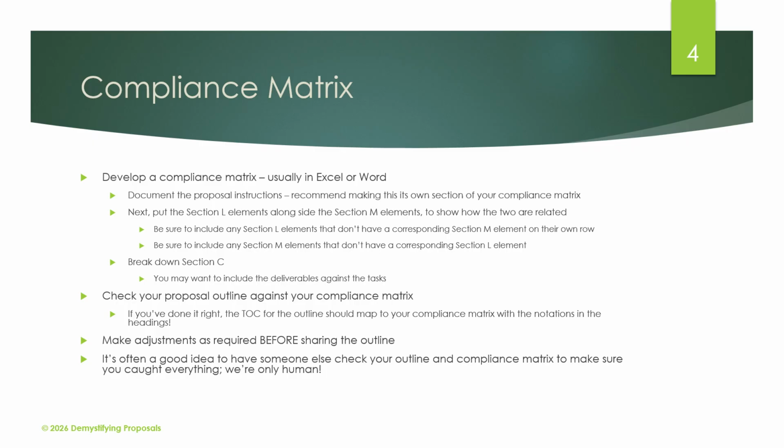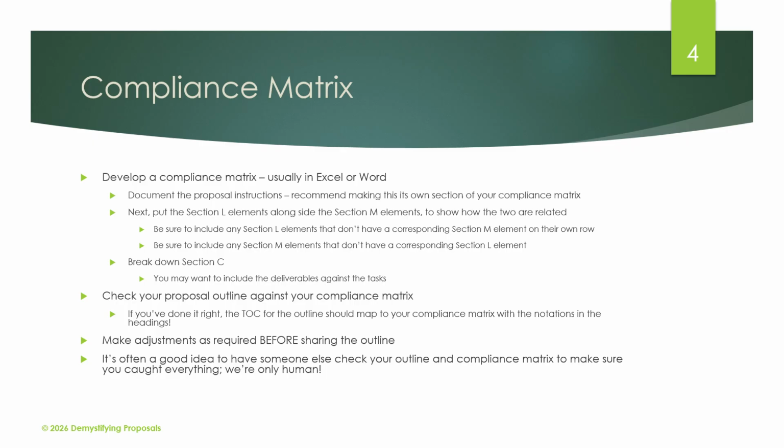So if you do that, when you make your table of contents in your outline, it should line up really nicely with your compliance matrix in terms of the L and the M and the C references. You want to make any adjustments as required before sharing the outline.